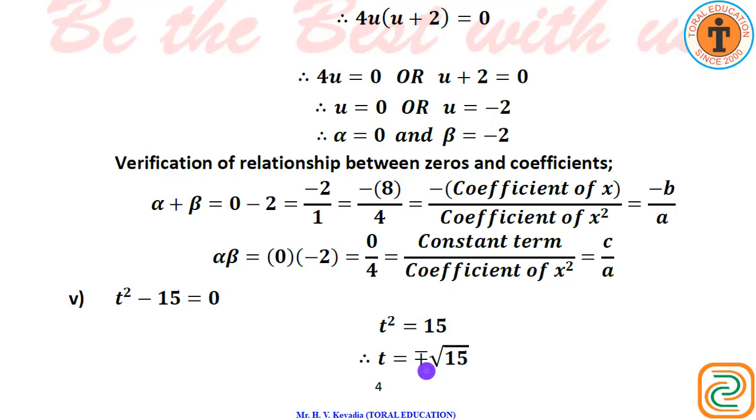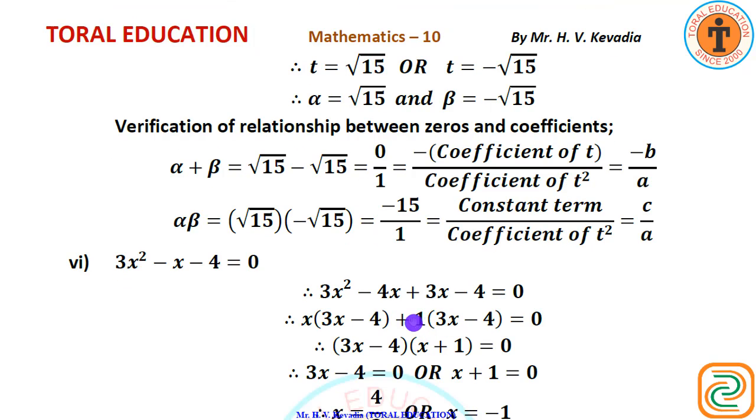Because the square of minus root 15 is equals to 15, and square of plus root 15 equals to 15. Both give 15. Therefore, we have taken here t equals to root 15 or t equals to minus root 15.